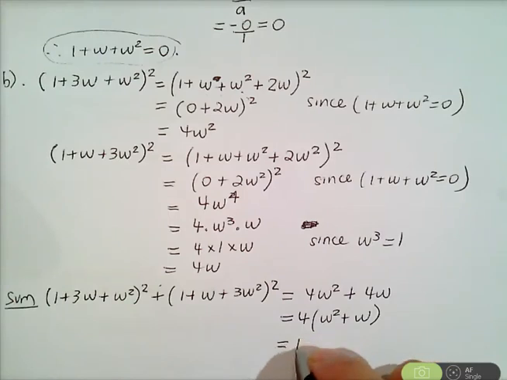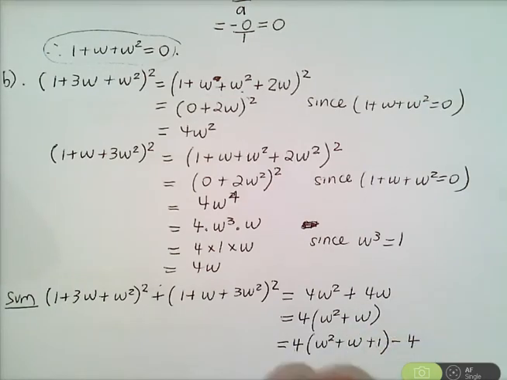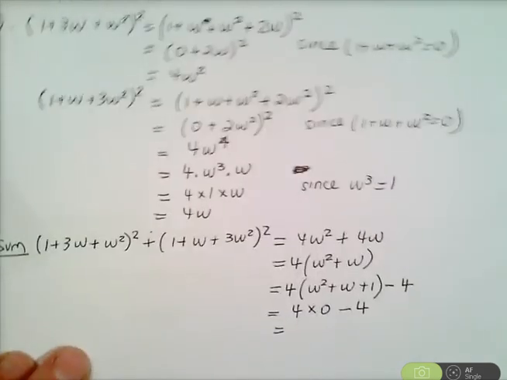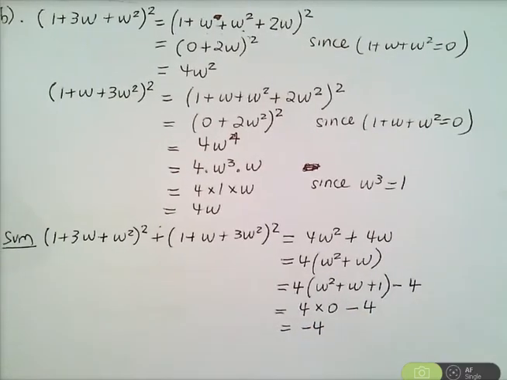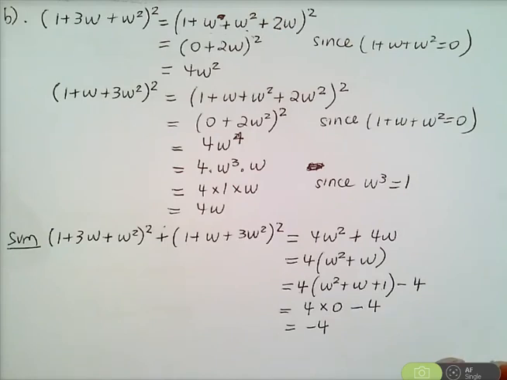So if I've got 4 lots of w squared plus w plus 1, so I've got 4w squared plus 4w plus 4, well, I need to take away 4, okay? And so therefore that is 4 times 0 minus 4, which is -4. So therefore the first result is proved that their sum is -4.